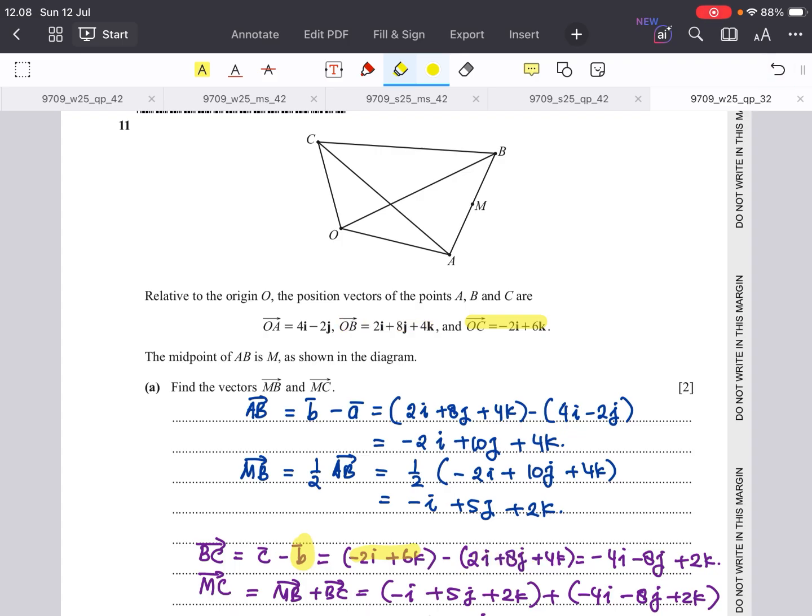So BC can be expressed in the form of minus 4i plus 8j plus 2k.